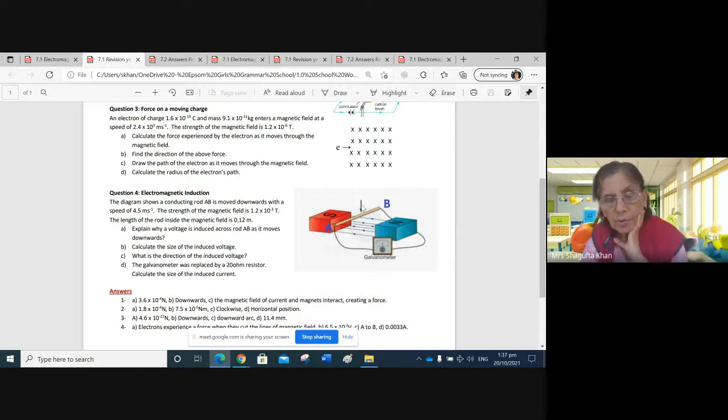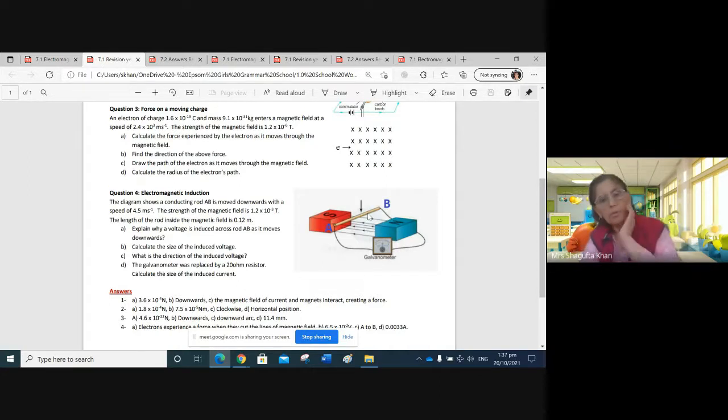So when you move this rod, it is cutting the lines of magnetic field, and when it cuts the lines of the magnetic field, those moving electrons will create a magnetic field, and this magnetic field and that one will make the electrons move either this way or that way. So if electrons experience a force this way or that way, that means current has been produced.